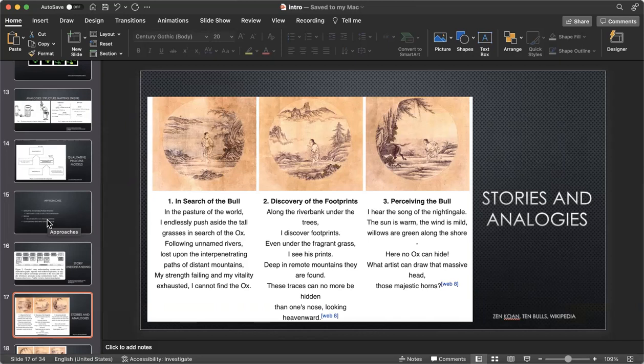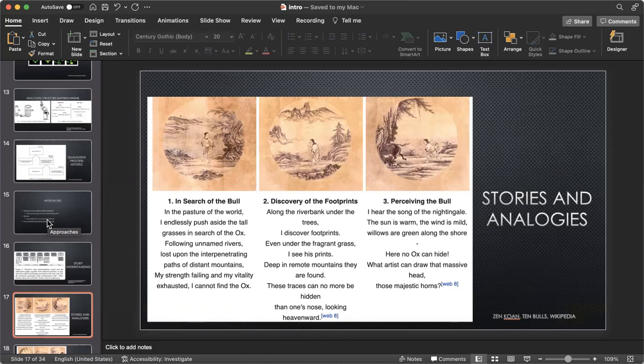A koan is a short story that is essentially a riddle. There are no answers, just a bunch of questions, and it's meant to help you reflect on the story and help you understand yourself. So it's basically a riddle or a puzzle. This monk wrote the story called The 10 Bulls.